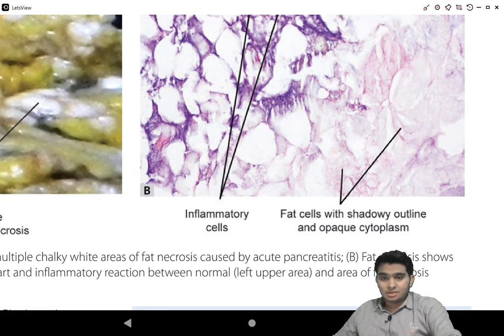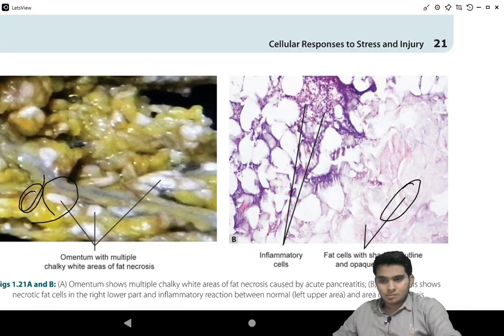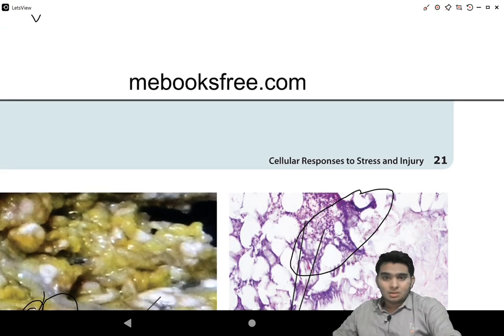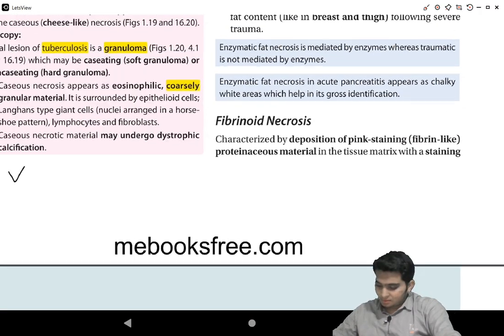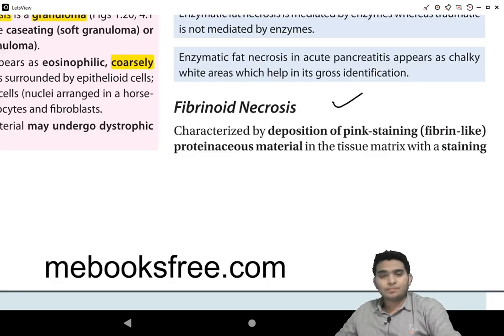Here you can see the microscopy of fat necrosis: fat cells with shadowy outlines and opaque cytoplasm, and some inflammatory cells.